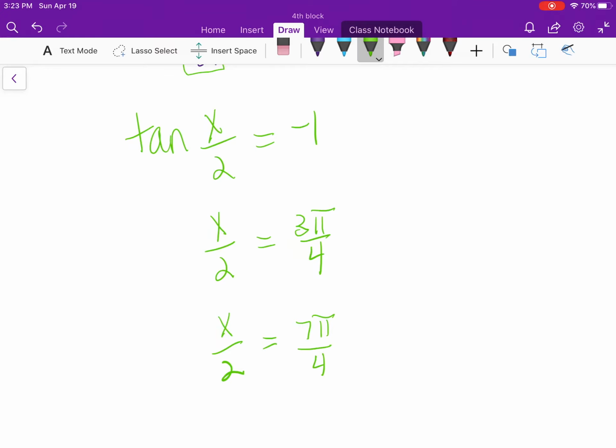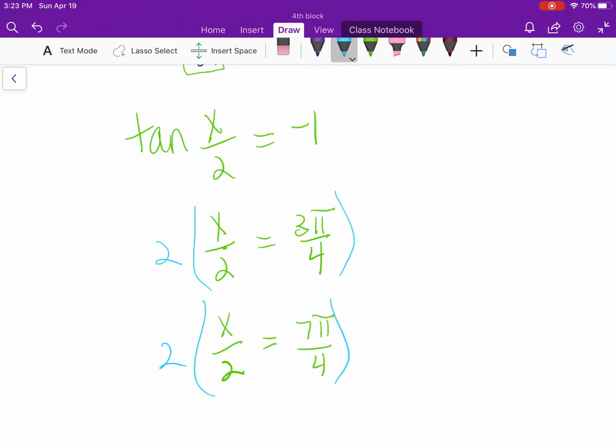Now, on this one, I'm not really going to have to worry about the plus 2 pi because I'm setting this equal to x over 2. That was my multiple angle. To get x by itself, what are you going to do to get rid of that over 2? Yeah, you're going to multiply by 2. If I'm multiplying instead of dividing, it's going to put it past that 0 to 2 pi range.